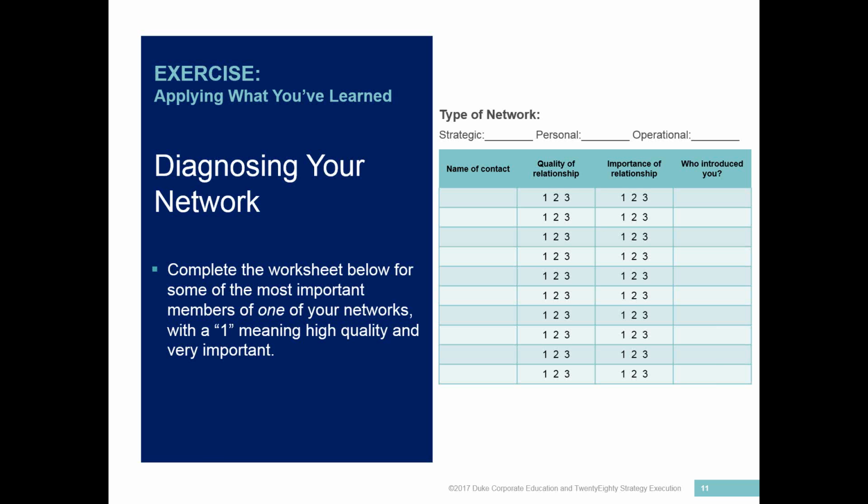So the student would then determine the names of their contacts in their network, the quality of that relationship, the importance of that relationship, and then an indication of who has introduced them, so that we can get a clearer picture of the larger network at play. This is the first part of this particular exercise.